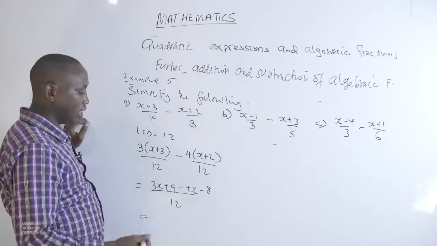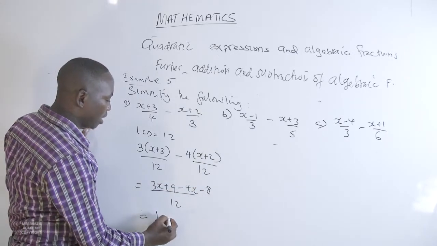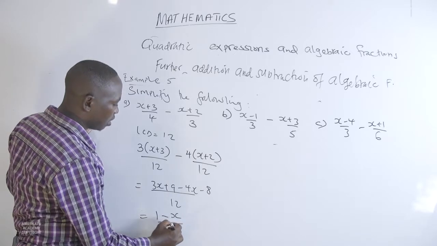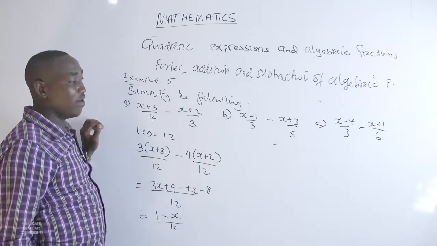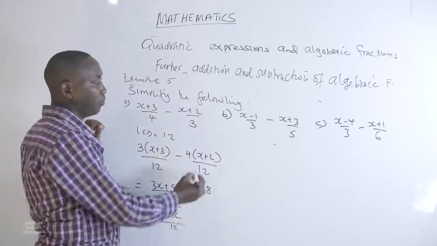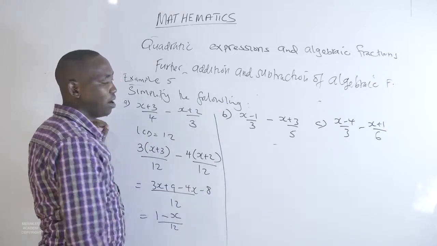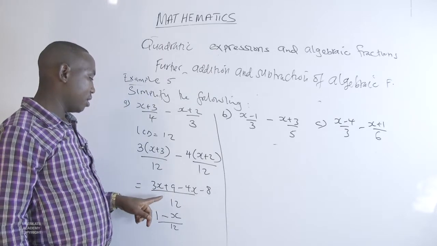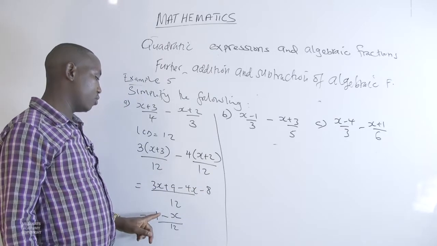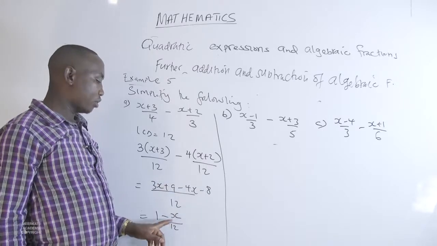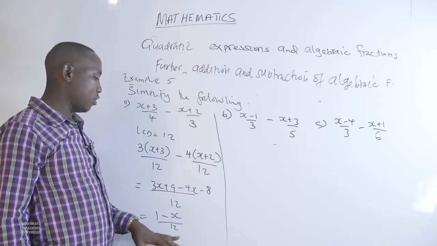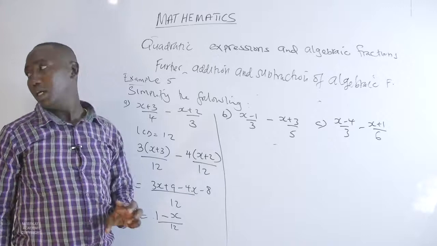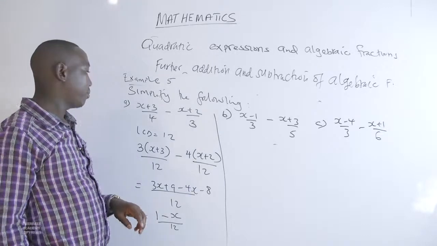Positive 9 minus 8 is 1. So this will be 1 minus x, all of it divided by 12. It is good to always begin with a positive number. So that's why I've begun with 9 minus 8, which is 1, then 3x minus 4x, which is negative x. Then we divide by the common denominator, which is 12.